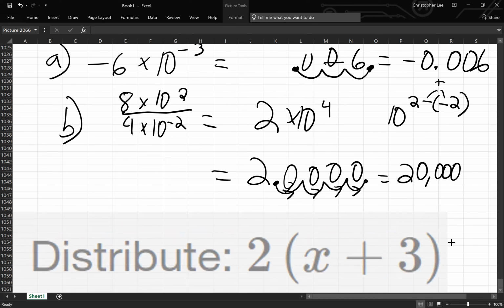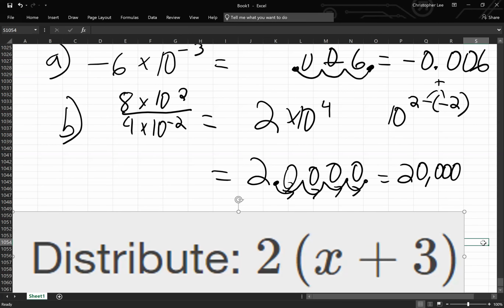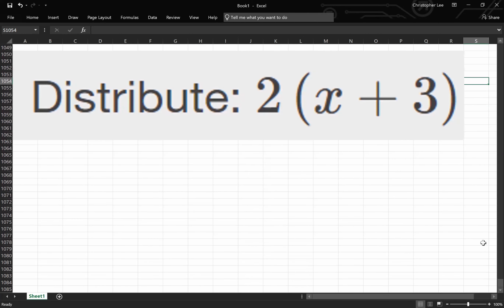All right, I just want to start with a little blast from the past. How do I do this again? So we're going to distribute this 2. What's the answer? I'm impressed.